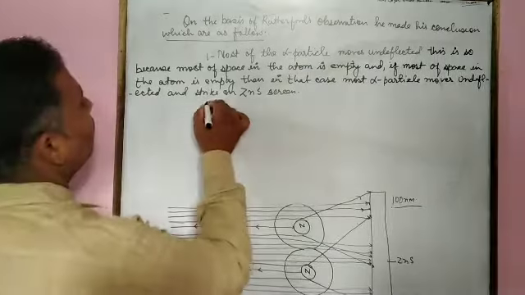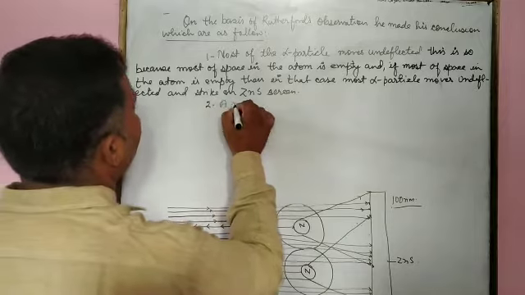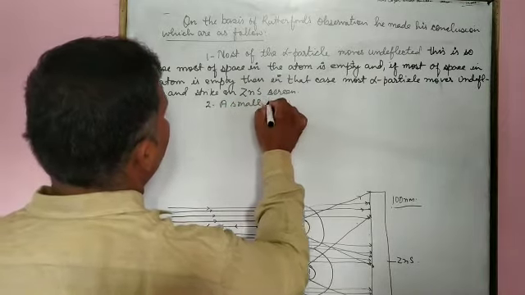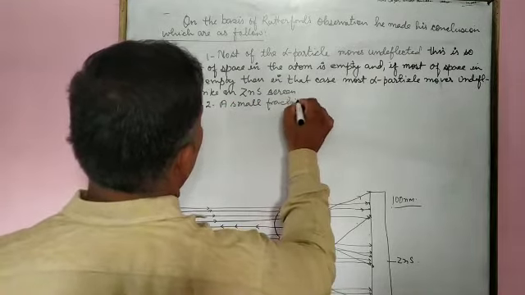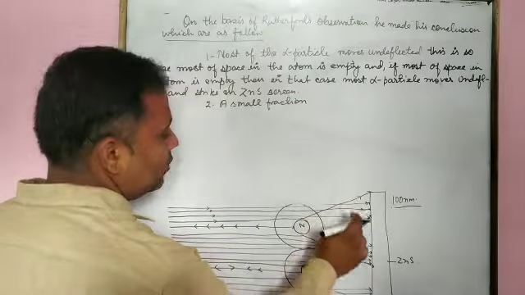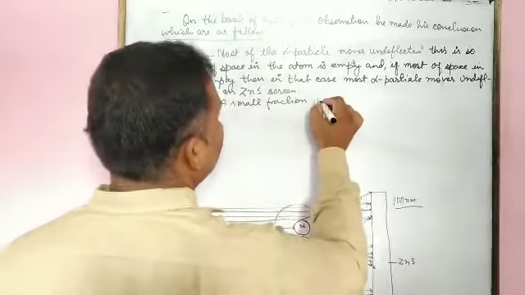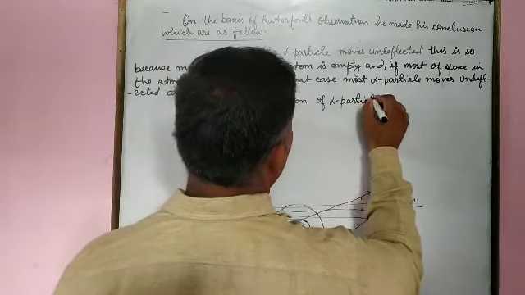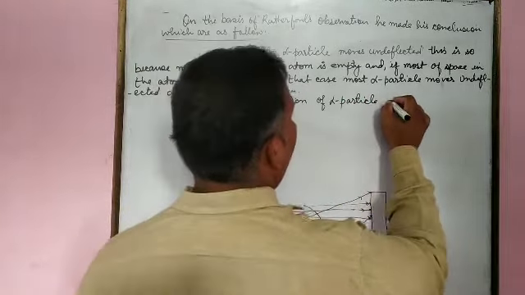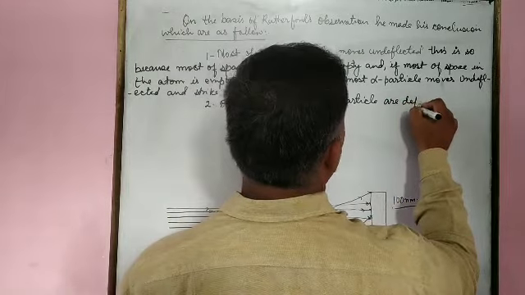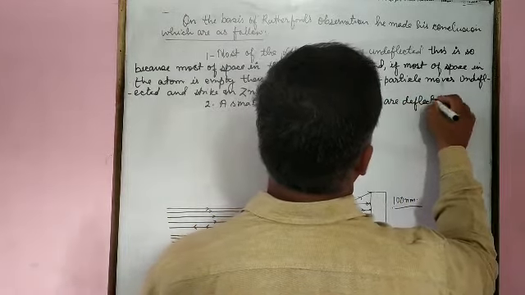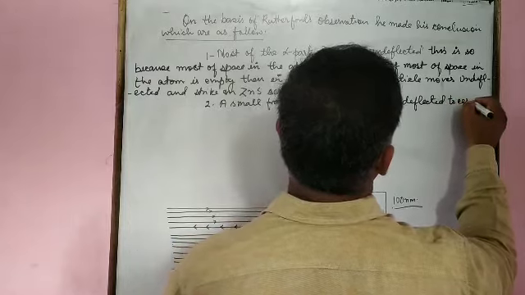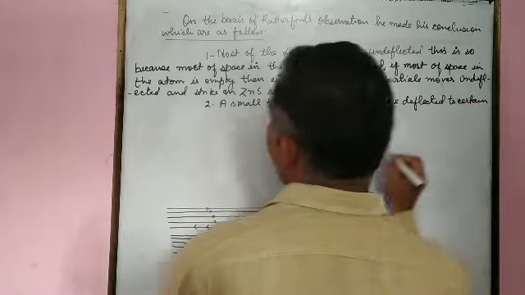The next one, a small fraction, this and this. A small fraction of alpha particles are deflected to a certain angle.